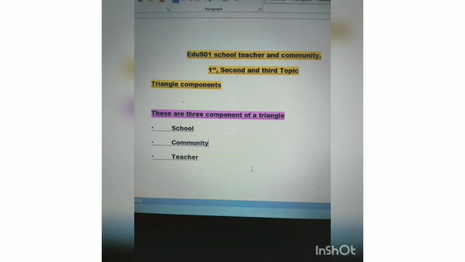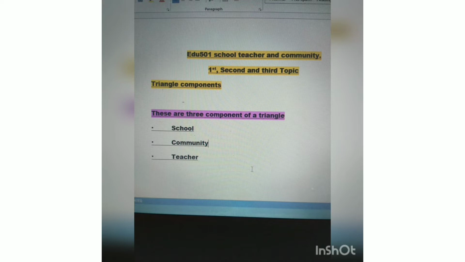Now we will talk about how school is a part of the community. School is an important part of the community. It is not a mere building, and schools have a lot to do to serve the community. Similarly, the community contributes a lot to school.